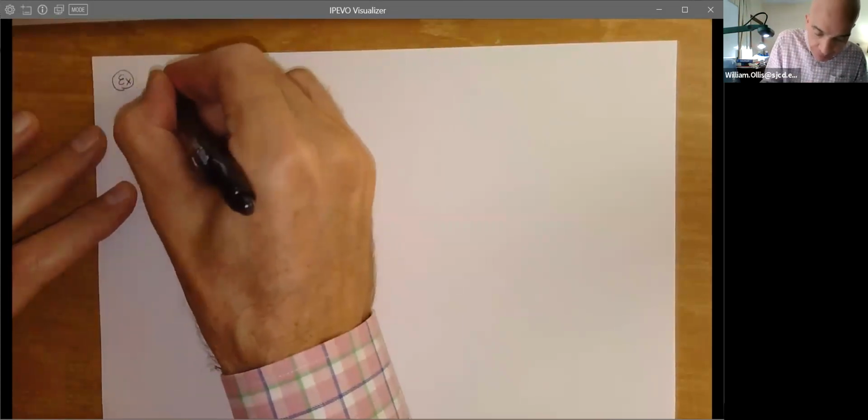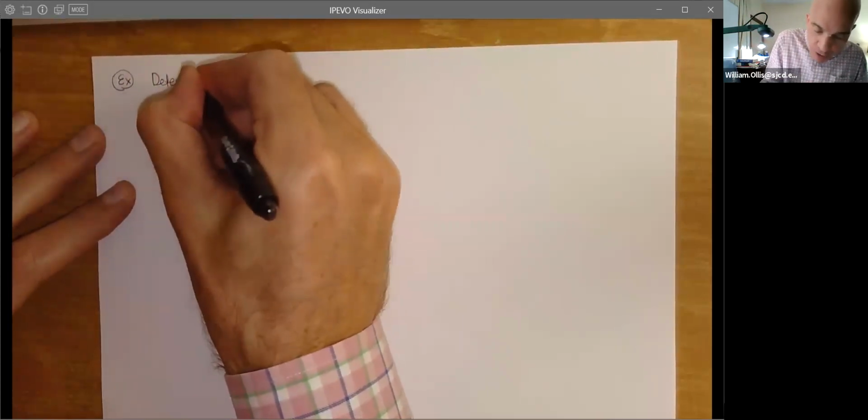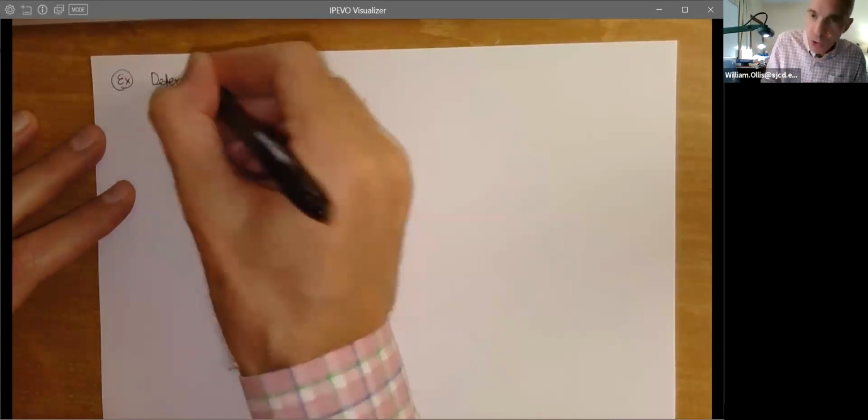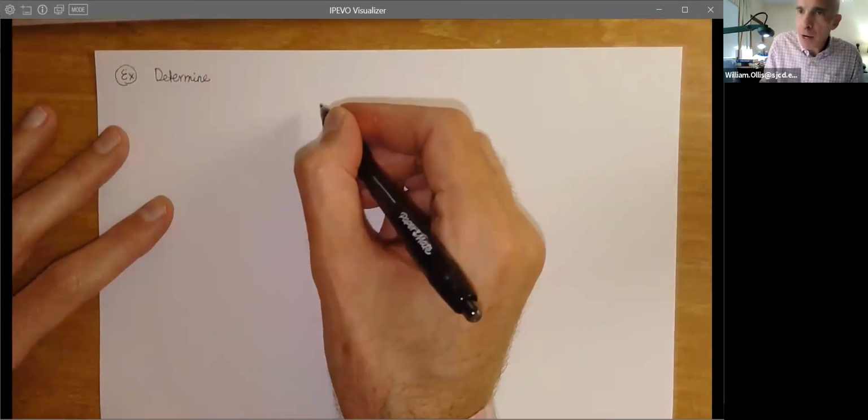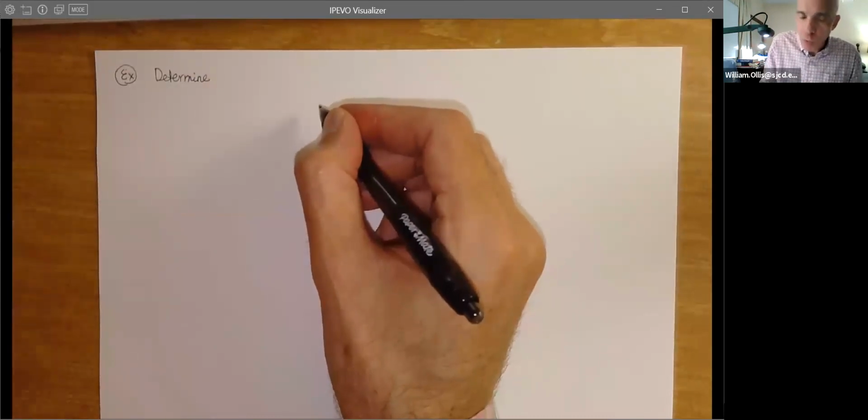Determine, and sometimes we just have to test values. You can always use your Google calculator to see how good a particular number of terms will be for you.